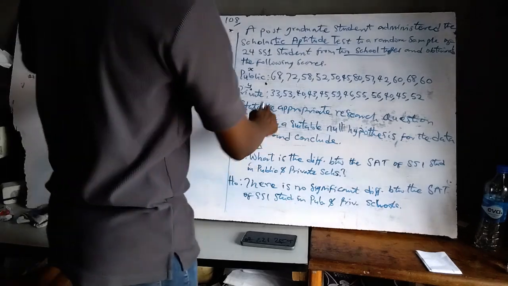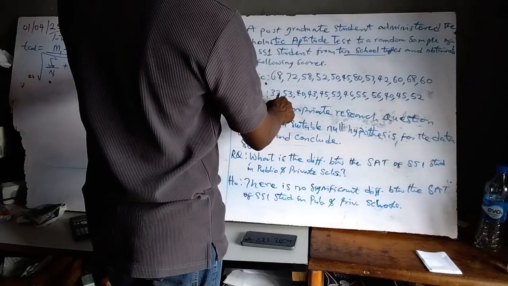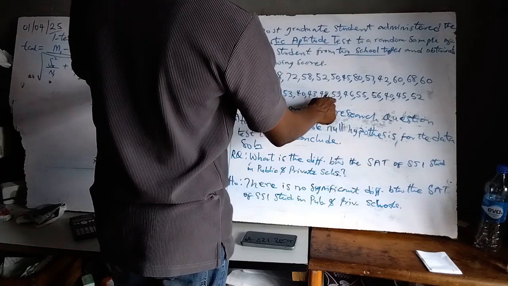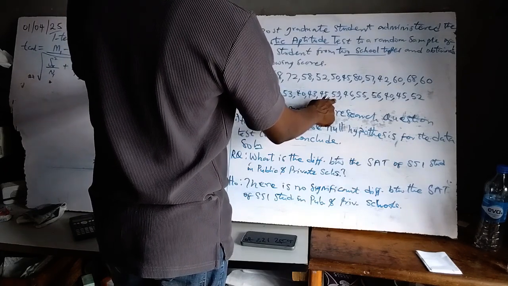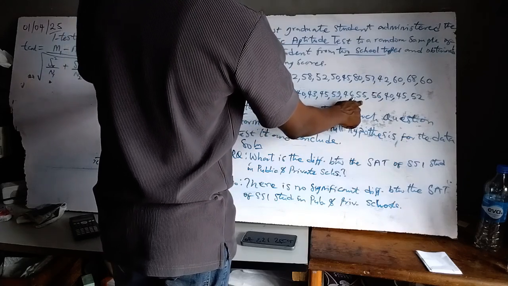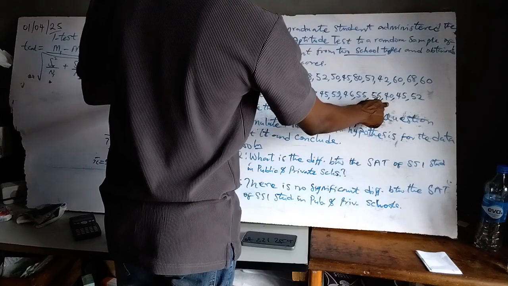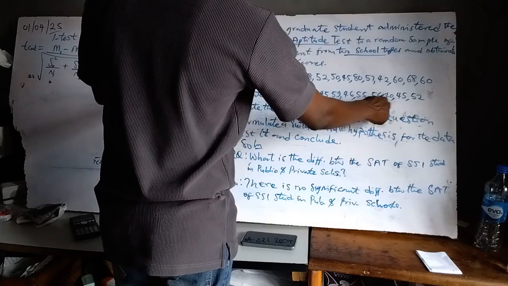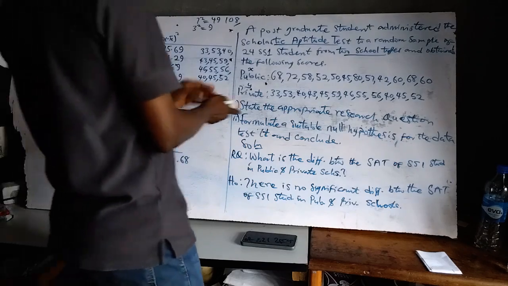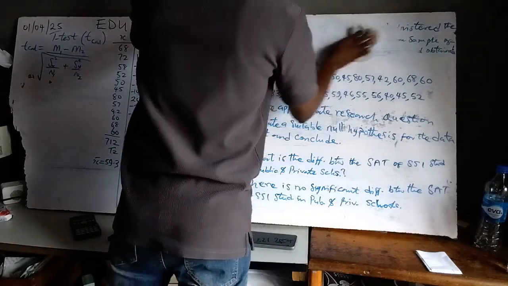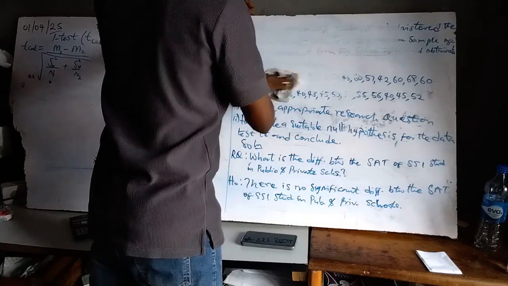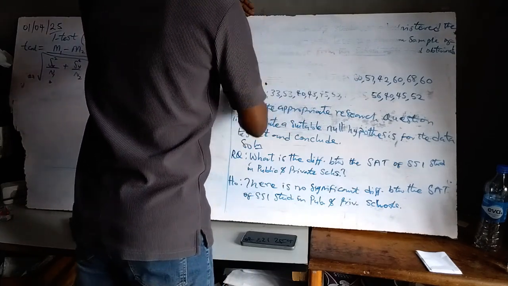Let's check. 33, 53, 40, 43, 45, 40, 59, 46, 55, 56, 40, 45, 52. Yeah. So you can clean this to get our y.